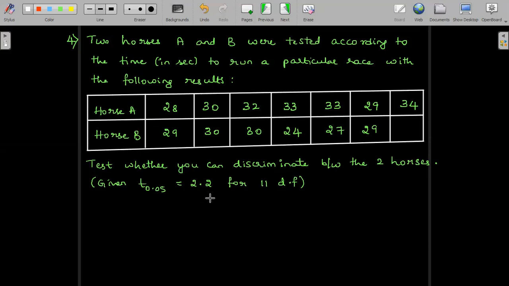So let us assume H naught first, that there is no significant difference between the two horses.